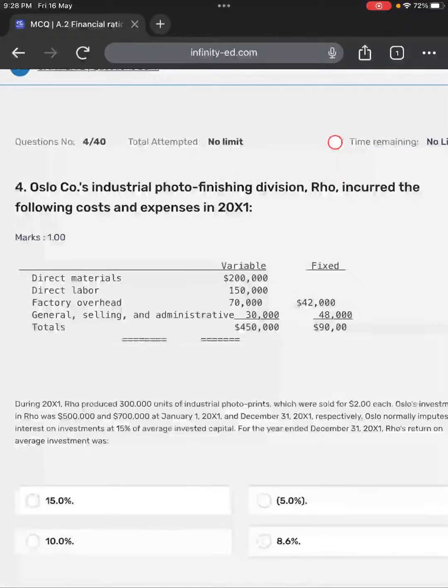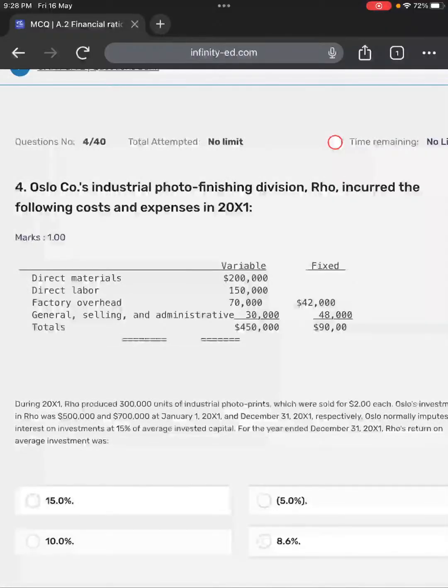Direct material 200,000, direct labor 150,000, factory overhead divided into two parts, one variable and another fixed. 70,000 is variable and 42,000 is fixed, and general selling and administrative 30,000 variable and 48,000 fixed.